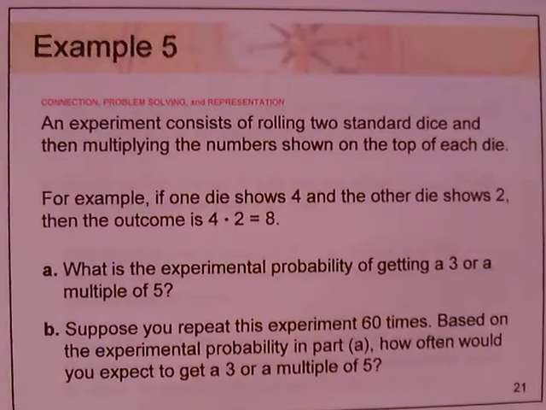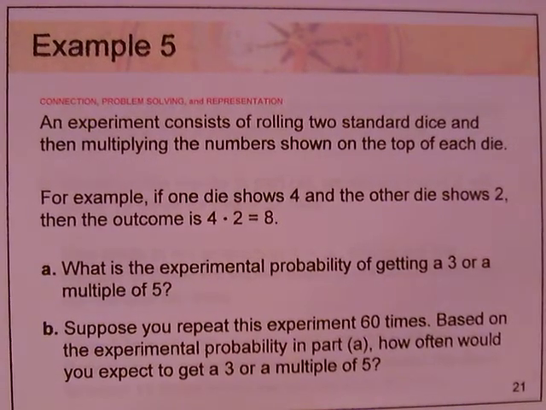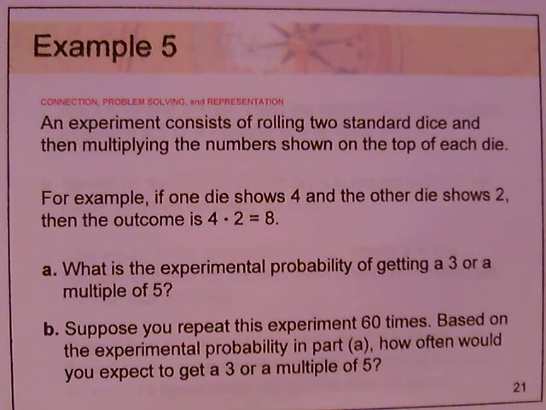So, in example 5 here, an experiment consists of rolling 2 standard dice and then multiplying the numbers shown on the top of each die. For example, if one die shows a 4 and the other die shows 2, then the outcome is 4 times 2 equals 8.